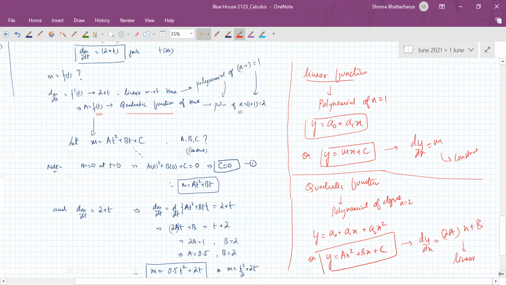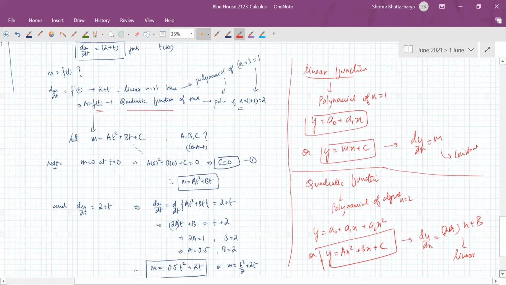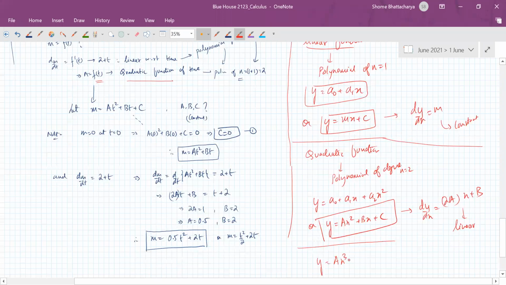Like that, if I have a cubic function, ax cube plus bx square plus cx plus d, its derivative will become quadratic. So always the degree becomes 1 less. If I have a polynomial function of degree 5, then its derivative will become a polynomial of degree 4, like that. Okay, so these terms are clear?